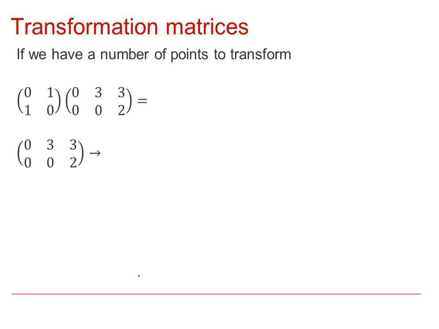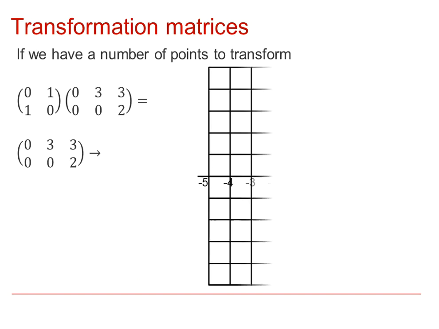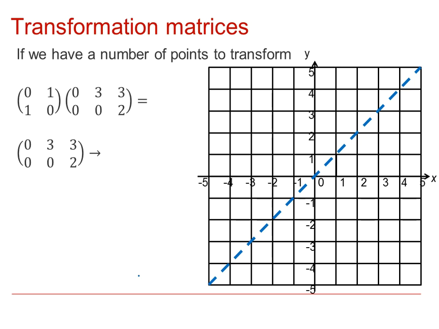If we have a number of points to transform, we can adapt the previous method. So here we're multiplying (0, 1; 1, 0) by (0, 3, 3; 0, 0, 2). So there's my object. And if I do the multiplication, multiplying (0, 1) by the first column will give me 0, then the second column is another 0, and the last column would be 2.